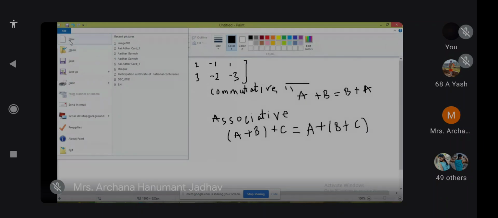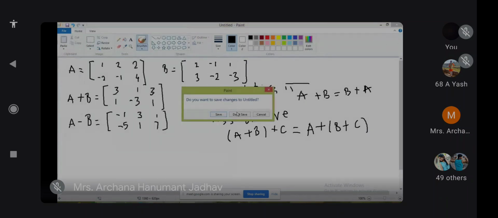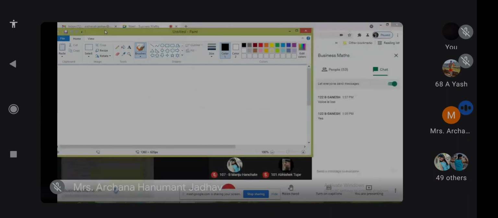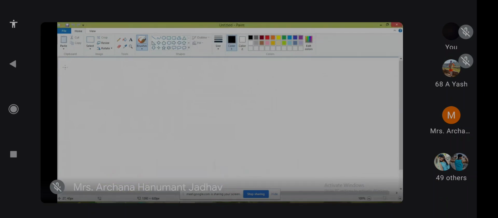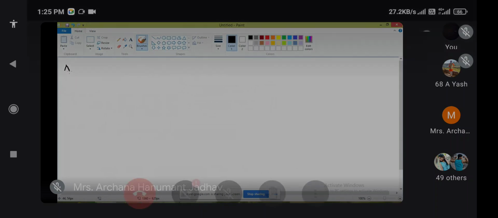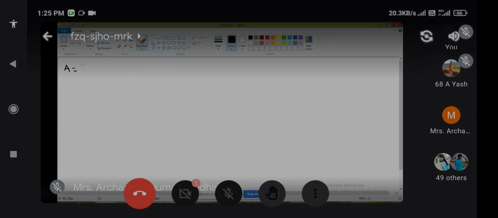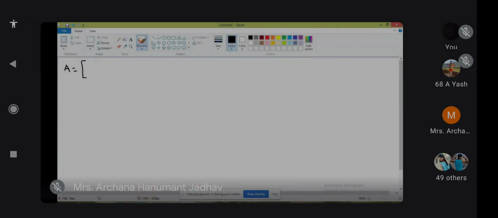Suppose A is a matrix containing 2 by 2 order, 1, 2, 2 minus 1.